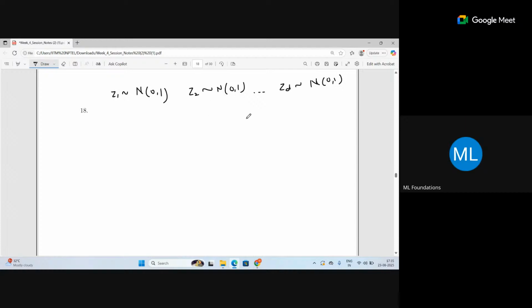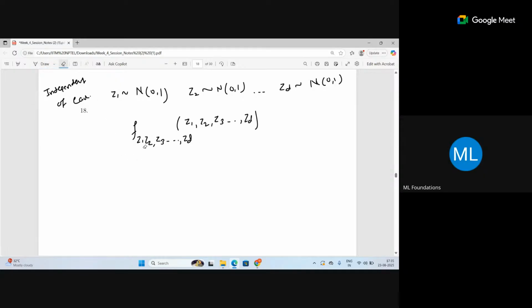Suppose all of them are independent of each other. Then what do you say about their joint density? What will be the joint density of them, f of z1, z2, z3, up to zd?